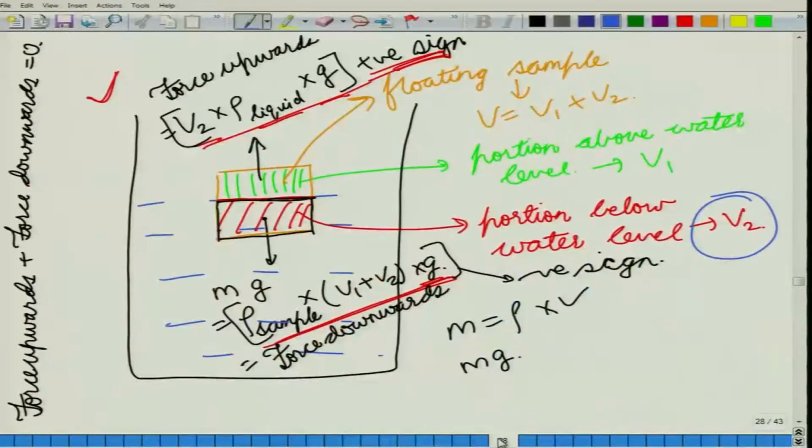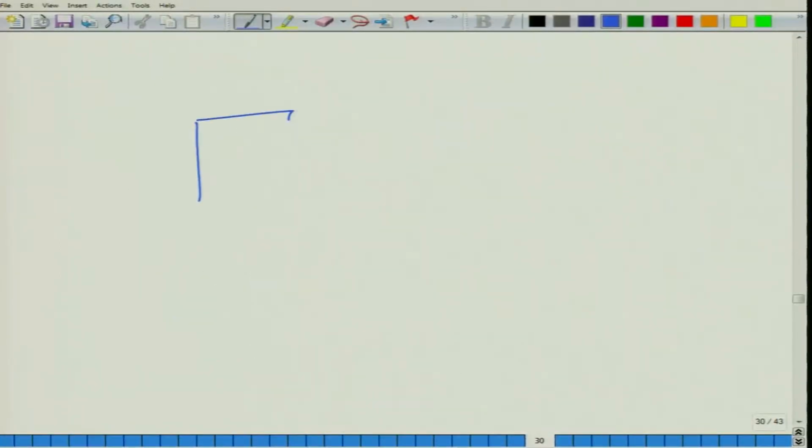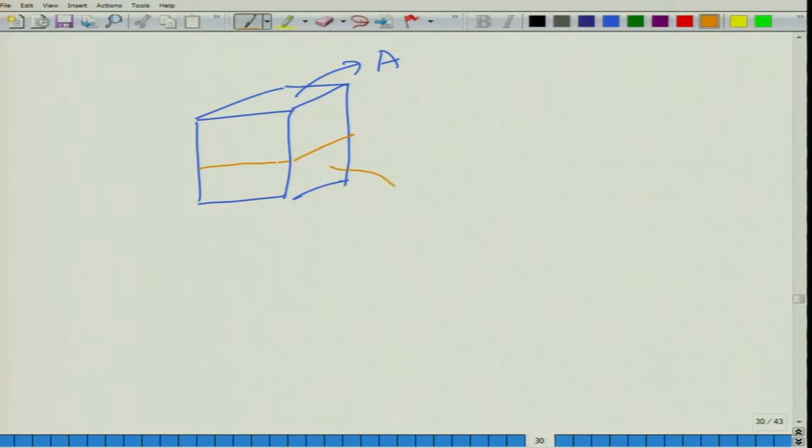Now in most of the cases we use this sample to be of a uniform cross sectional area. So when we have a uniform cross sectional area, suppose this is our sample, let us consider it to be a cuboidal sample of top area equal to A. Now when we have divided it into two parts, the lower portion has a volume of V2 and the upper portion has a volume of V1.